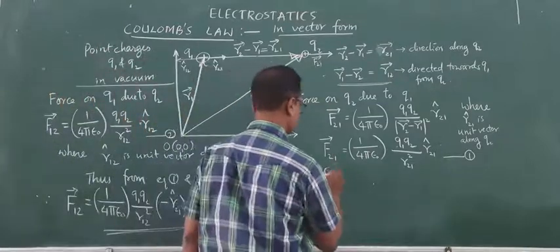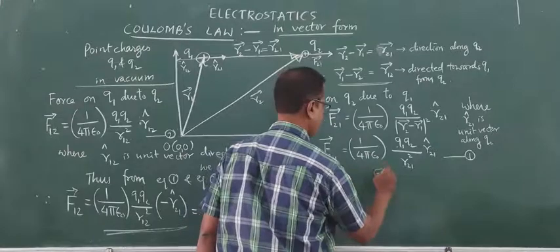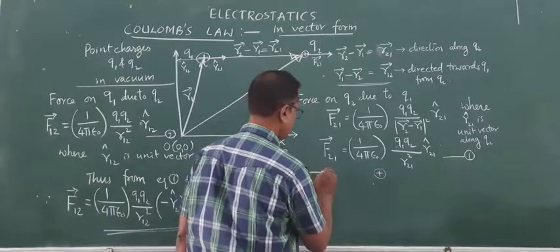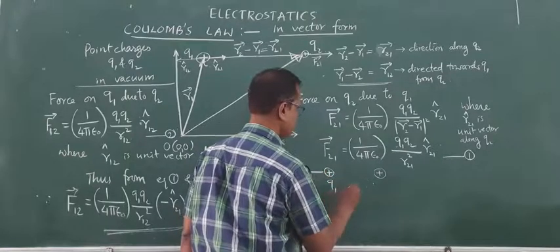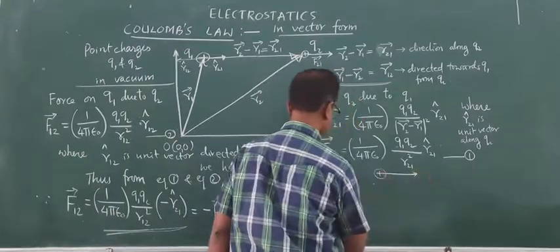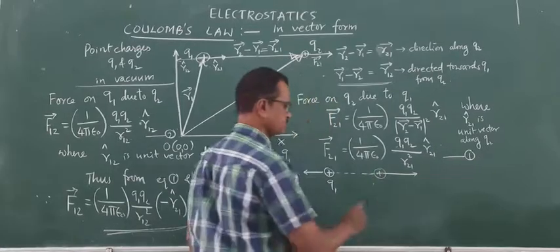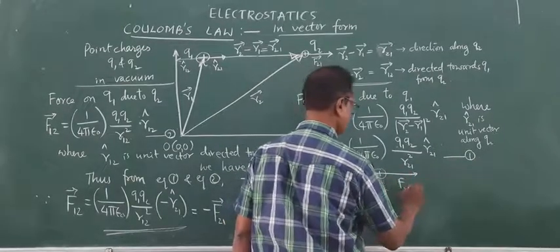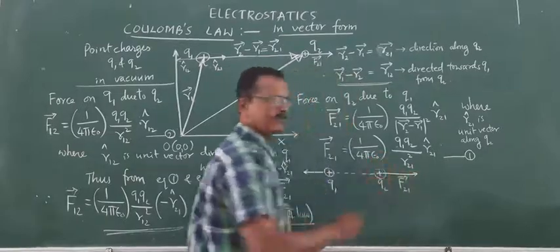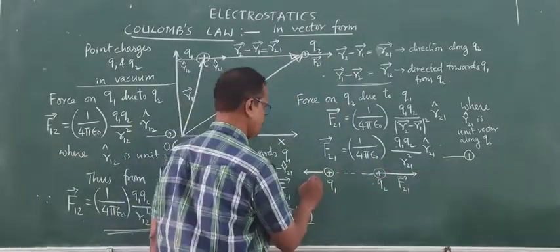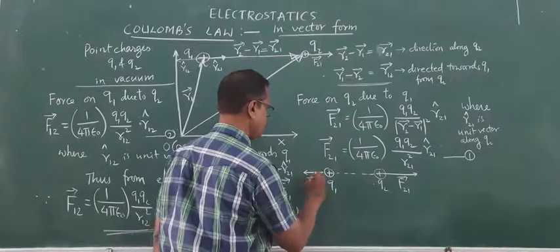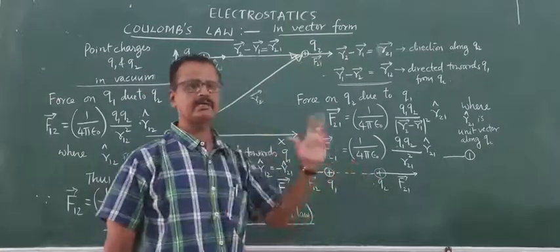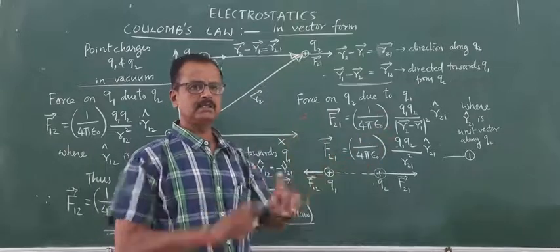So, if the charges are like charges, then you can see the force on 2 due to 1 is away from the point charge. Force on 1 due to 2 is also away from the point charge. So the forces are acting along the line joining their centers, but they are away from each other.